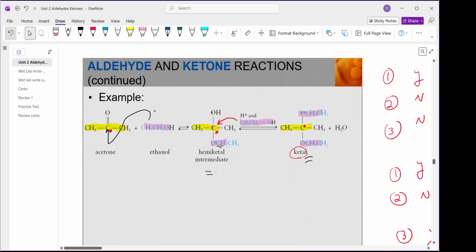Ketals also have secondary and primary backbone. And it also has an anomeric carbon as well. Anomeric carbon, again, is where the original carbonyl group was.